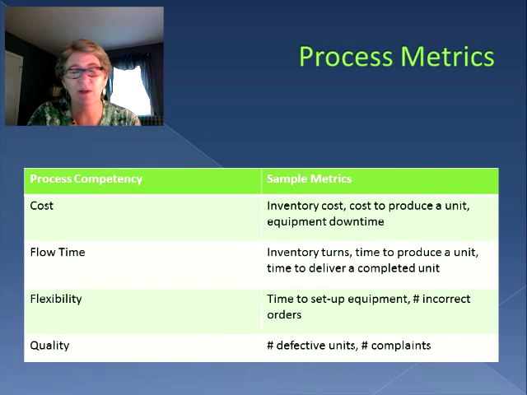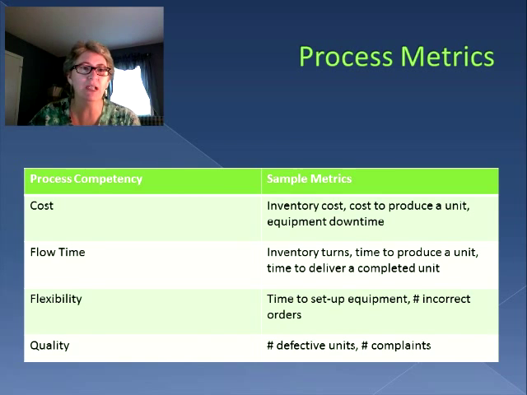If we're concerned about flexibility, one of the things we would be concerned about is how quickly we can change over our equipment from one product to another, or to allow for that customization to occur. And for quality, obviously, we don't want to have defective units, so we want to track how many things are incorrectly made, maybe the number of complaints that we're getting from customers.